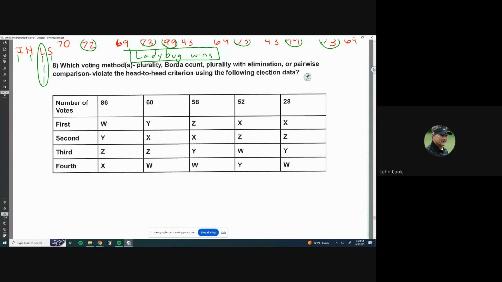Okay. So which voting methods between plurality, the Borda count, plurality with elimination, or pairwise comparison violate the head-to-head criterion using the following election data? The main thing is that head-to-head means the pairwise comparison.